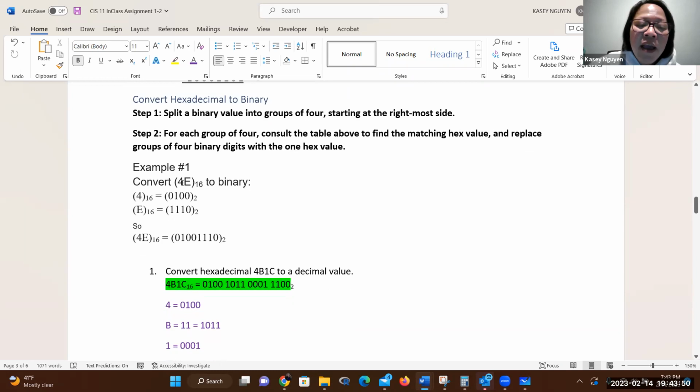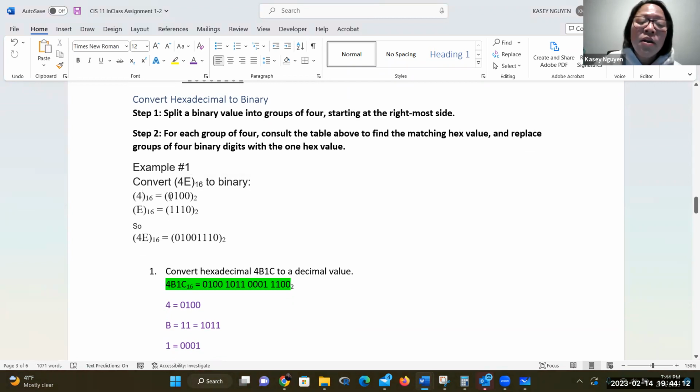In this example, I have 4E, and we know it is a hex value because it's base 16. First, I'm going to take the 4, which is equivalent to 4 in decimal, and convert it to binary.